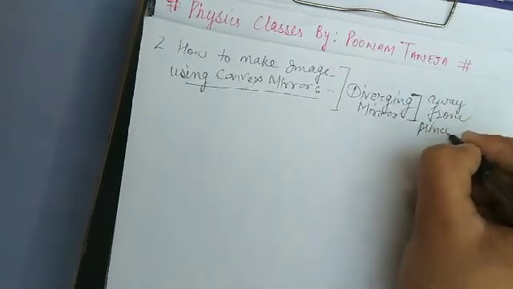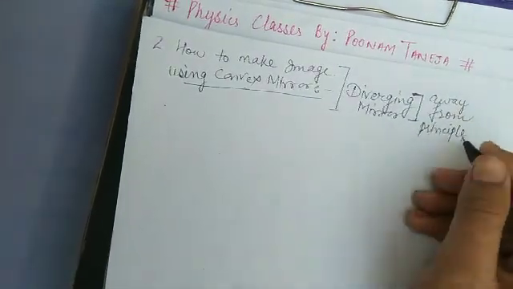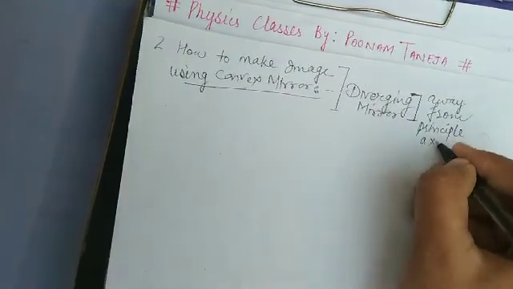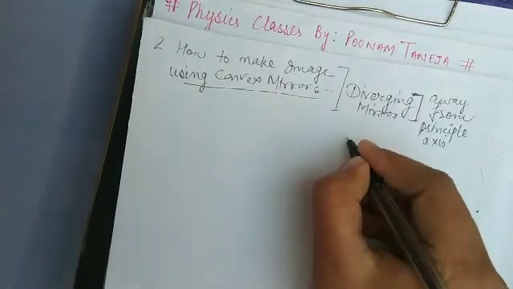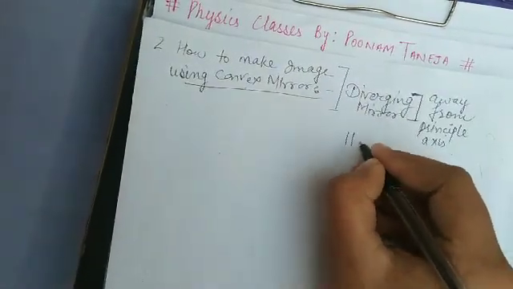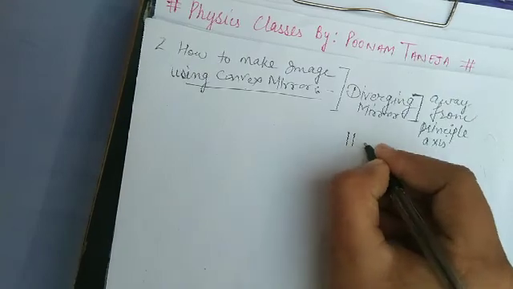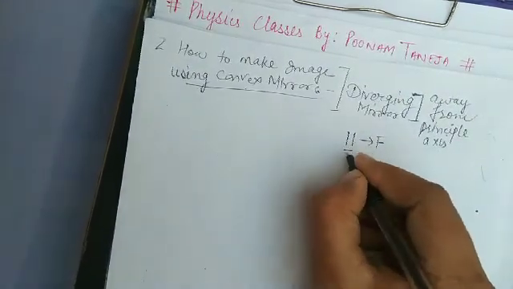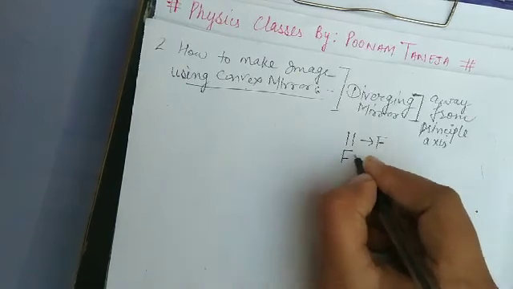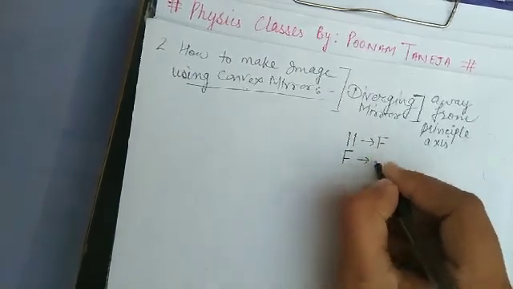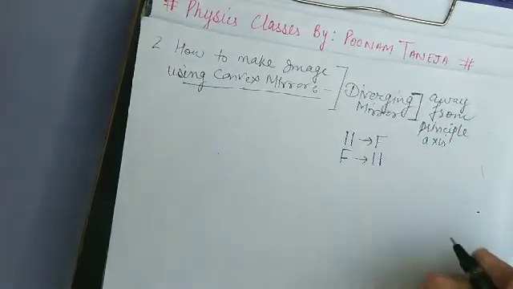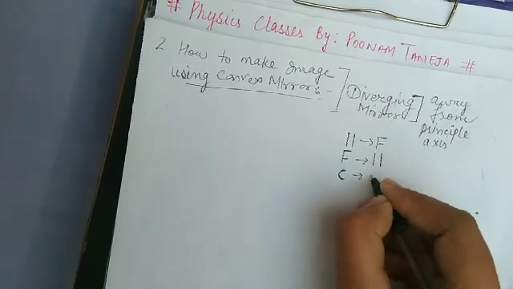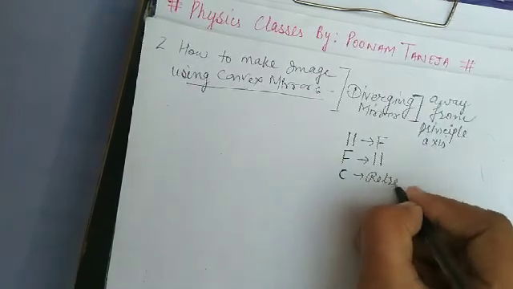These are certain points that you have to keep in mind so as to make the concept clear. If the ray is parallel to the principal axis before reflection, it will appear to pass through the principal focus. If it is passing through the principal focus before reflection, then after reflection it will become parallel. If it is passing through the center of curvature, then it will retrace its path.